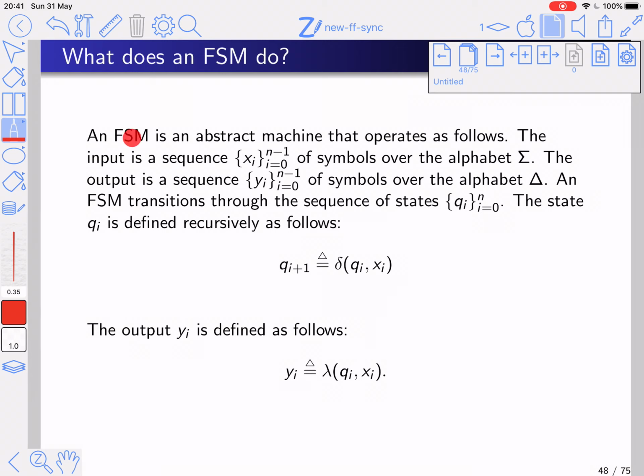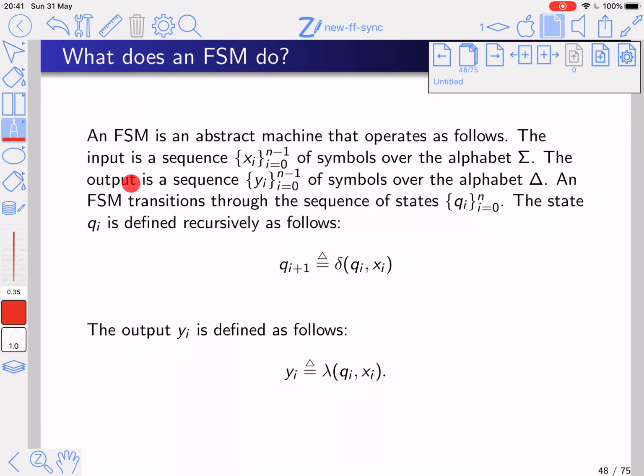A finite state machine is an abstract machine that operates as follows. We have an input sequence, x0, x1, and so on, where each xi is an element called a symbol over the input alphabet, big sigma.